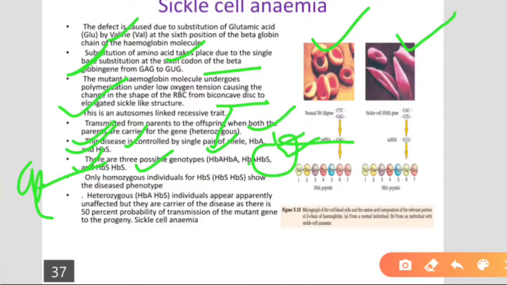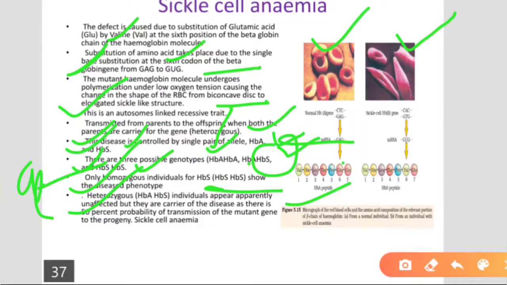Only individuals homozygous for HbS show the disease. If both genes are affected, then the person is affected by the disease, otherwise they are a carrier. Heterozygous HbA HbS individuals appear apparently unaffected, right? Unaffected means the disease does not take place, but they have the gene, that's why they are carriers of the disease.